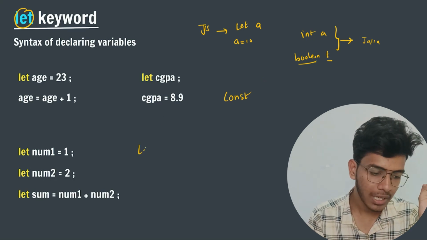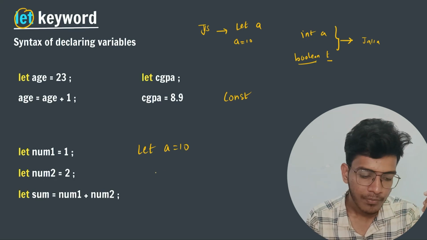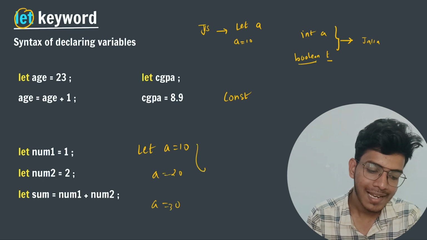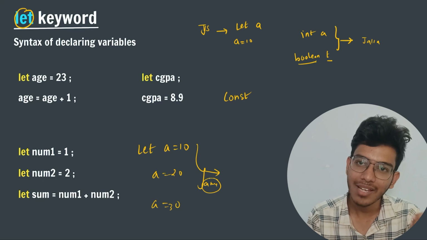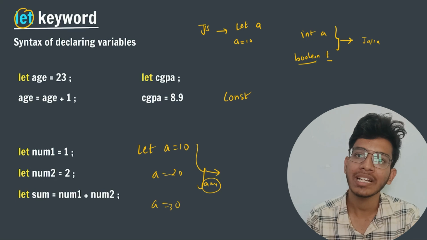For example, let's say I write in my console let a is equals to 10. After that a is equals to 20, after that a is equals to 30. This will not give me any error, because we can change the value of a variable if we have declared it using the let keyword.